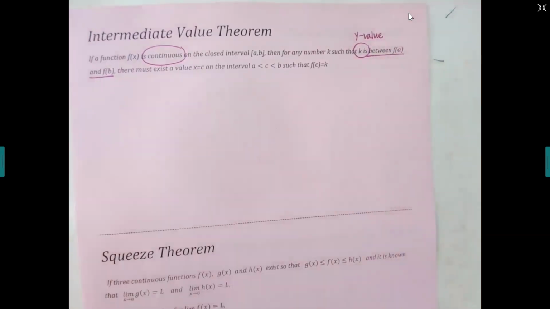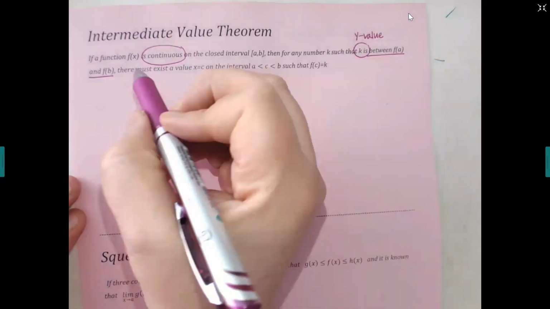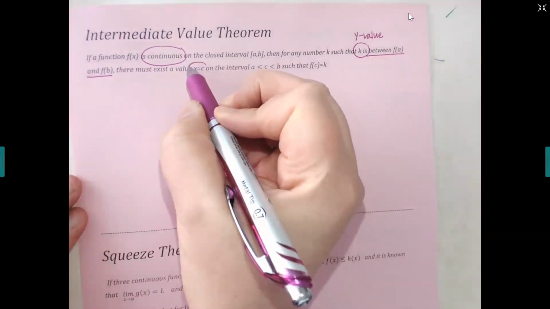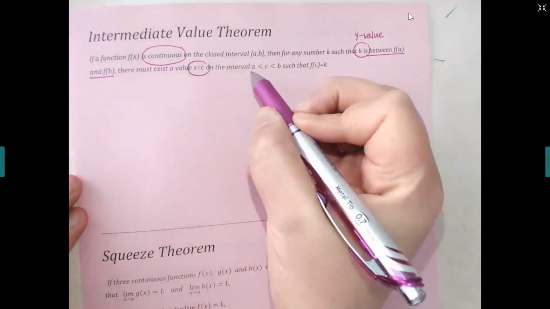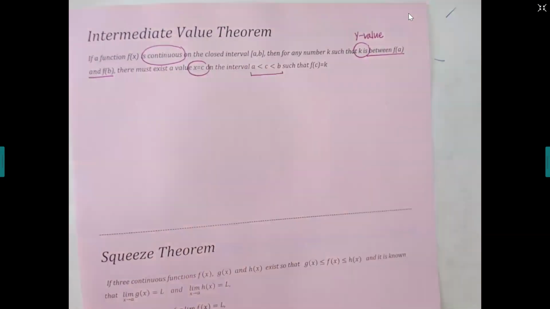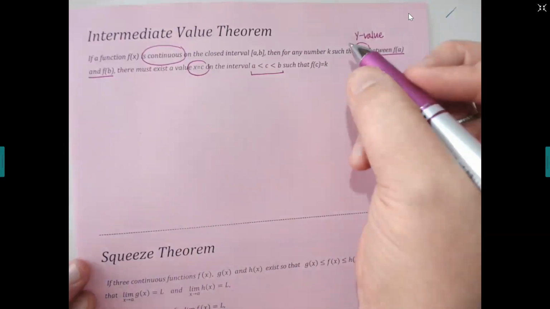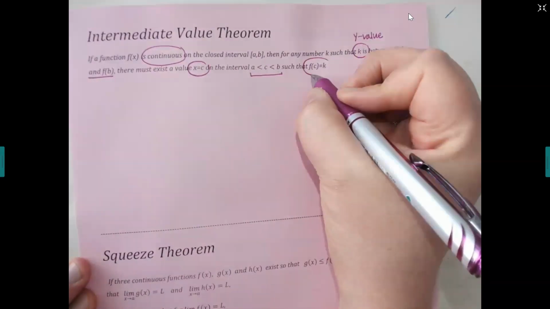It has to be between the other 2 y values, since f of a and f of b are also y values. If that happens, here's your theorem: there must be an x value c, between a and b, so that f of c equals k.